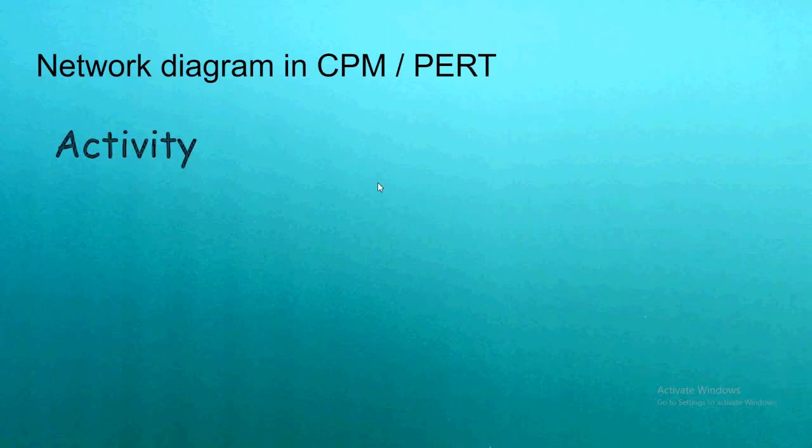Two important points are to be noted in a network diagram. The first one is called an activity. Here you can see that the activity is represented by an arrow joining two circles, and this is activity A. For example, in a house construction project, this could be laying the foundation.